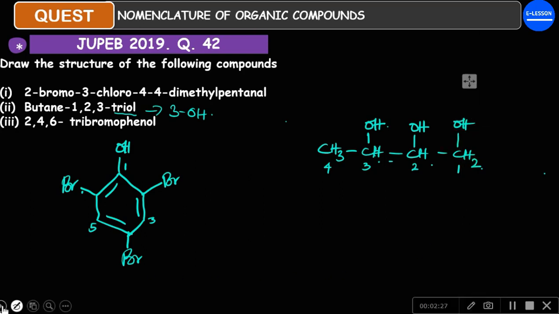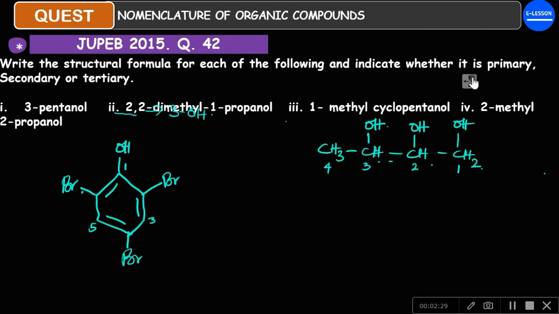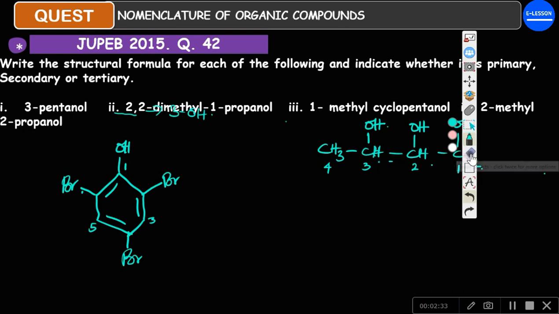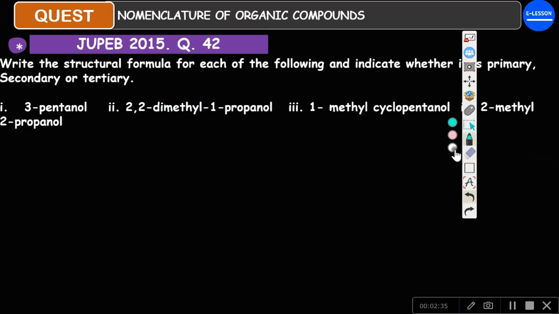The next is write the structural formula for each of the following and indicate whether it is primary, secondary, or tertiary. Now you have 3-pentanol. What do you think will be the structure of 3-pentanol?